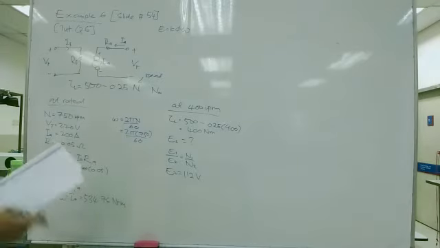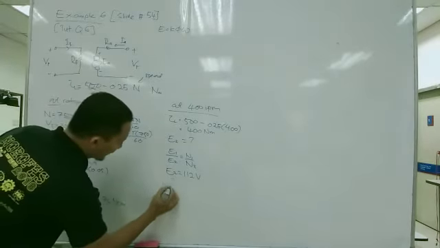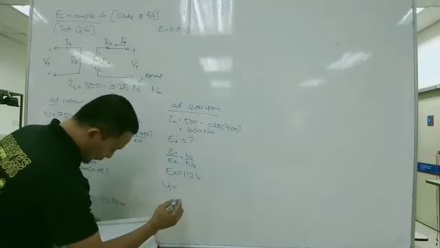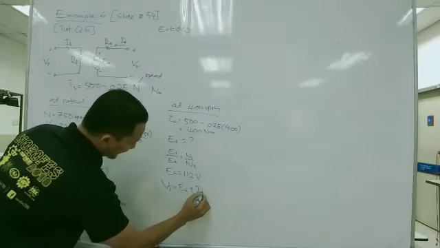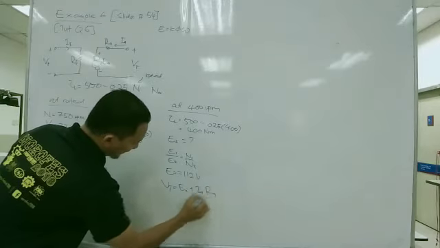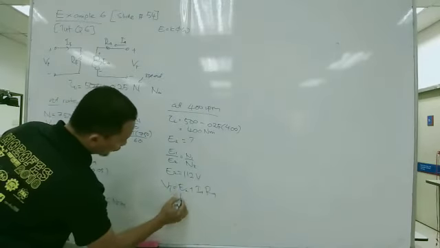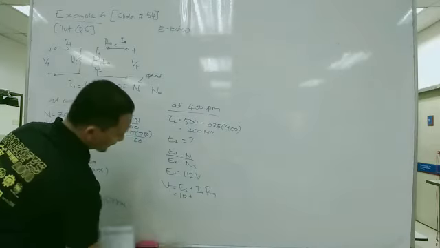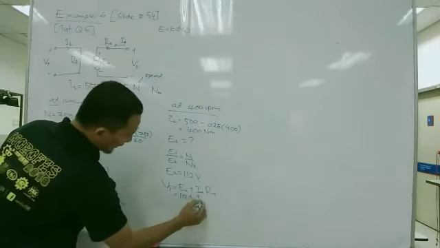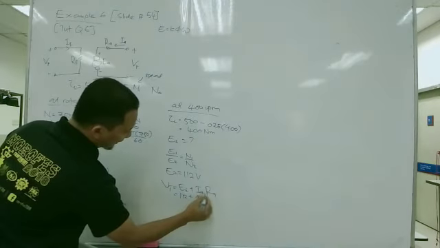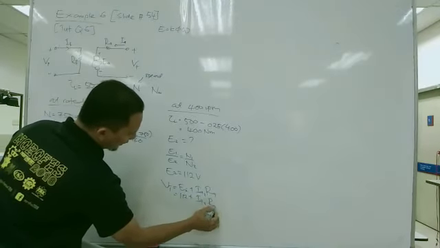Then how to calculate the terminal voltage? From here, Vt equal to E2 plus Ia Ra. So E2 equal to 112 plus Ia2 Ra.